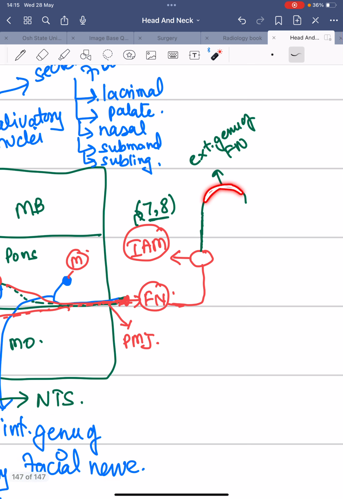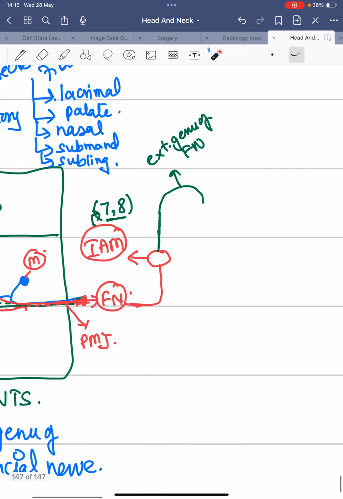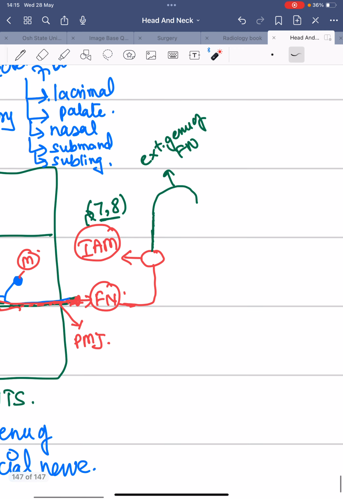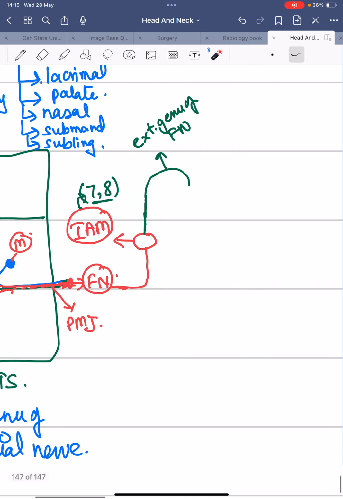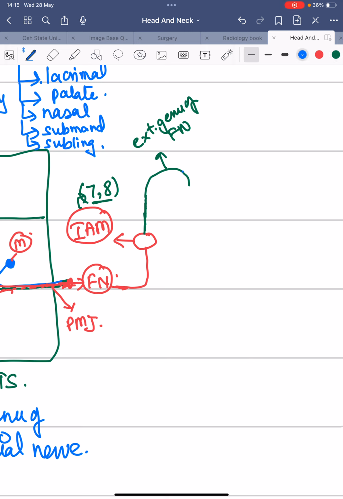This band here is known as what? External genu of the facial nerve. Now as it is exiting here at the external genu, now see here, as it is entering into the facial canal, now the nerve is present where? Our facial nerve is present in the facial canal.